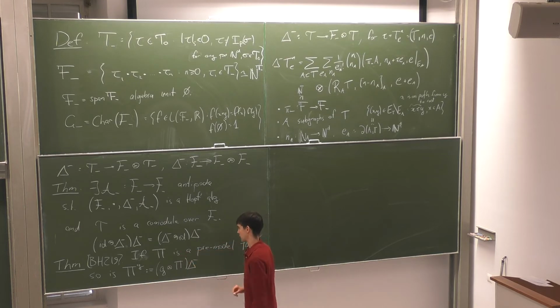Then pi g is defined in a very simple way, and it is also a pre-model for all g in G minus.